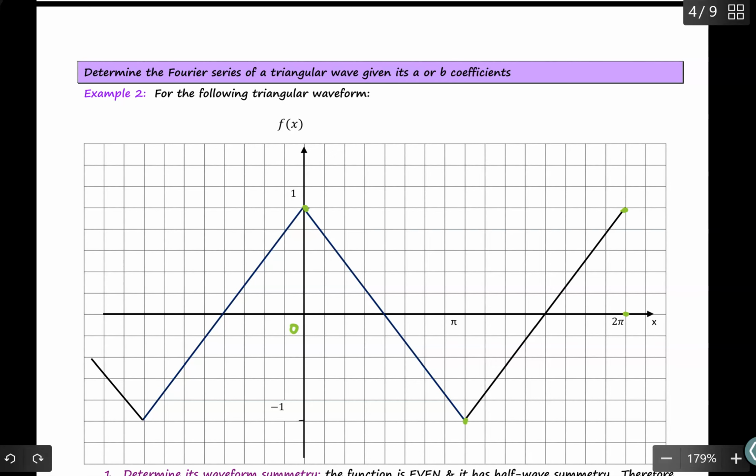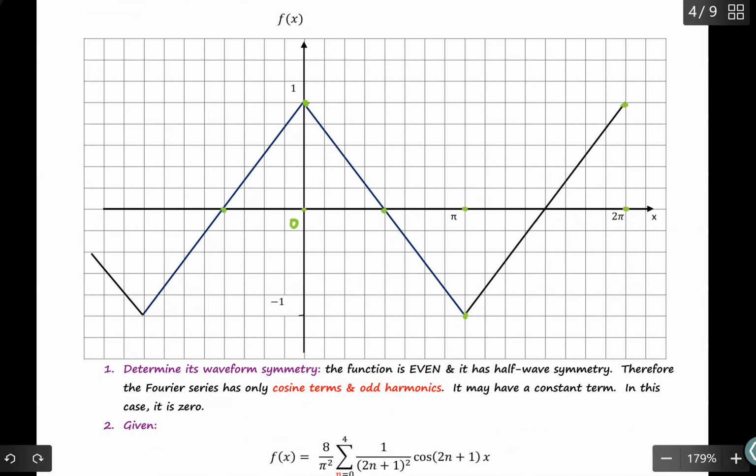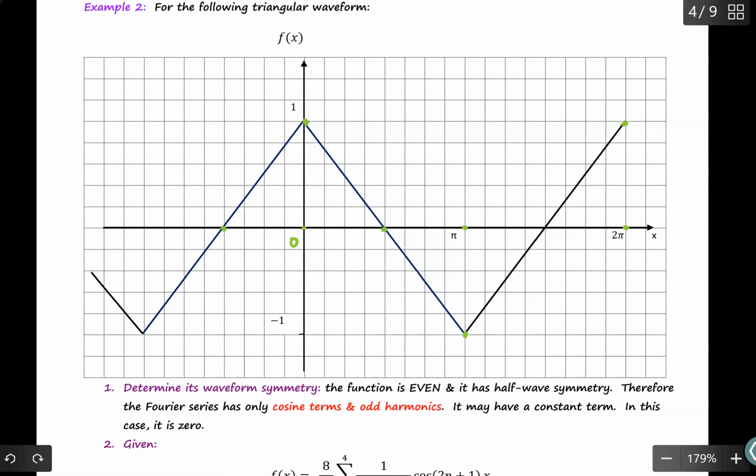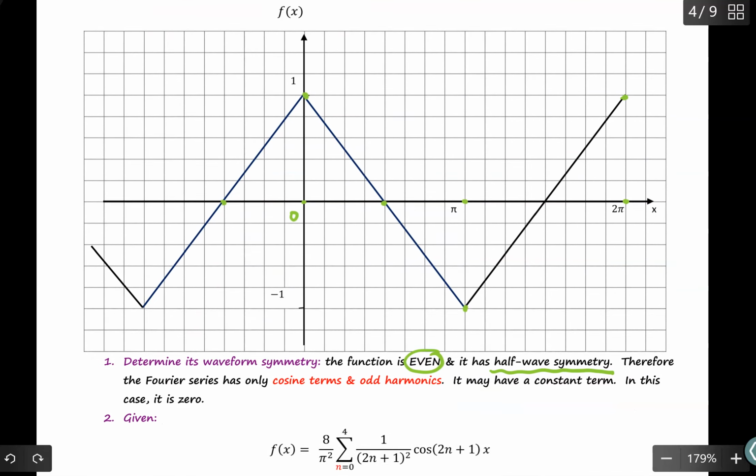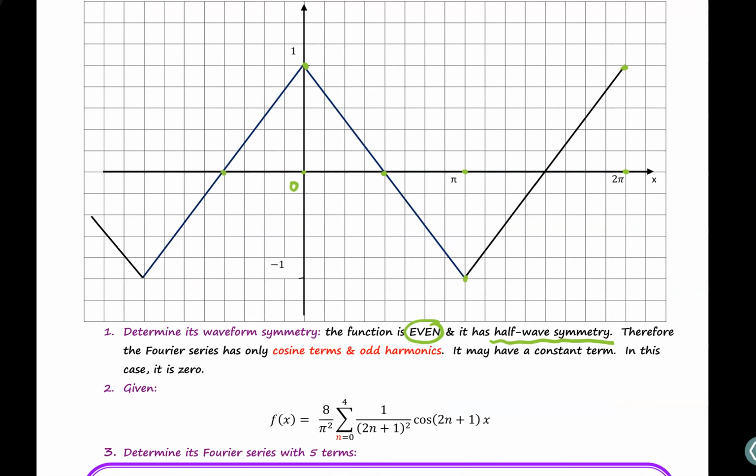Right here is my 2 pi, right here is pi, right here is pi over 2. This is 0. This is negative pi over 2. It's given that this waveform is even and has half-wave symmetry. Therefore, the Fourier series has only cosine terms and odd harmonics.